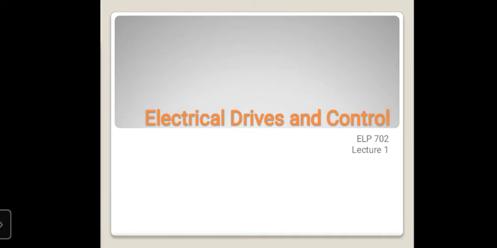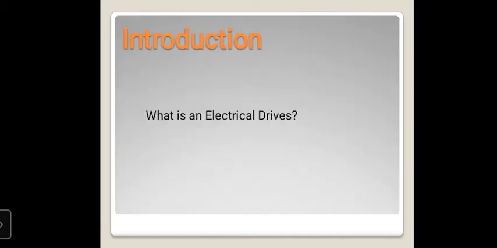Today's paper is electric drives and control. So first of all, we have to know what is an electric drive. In industry or in domestic appliances, many times we have to control the motion of several things like doors or fans.